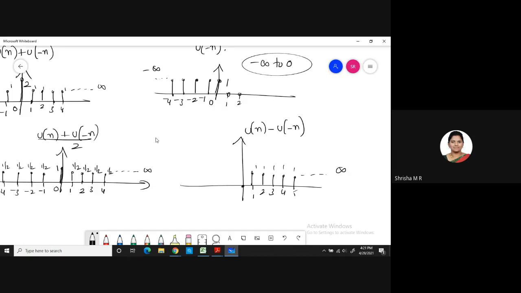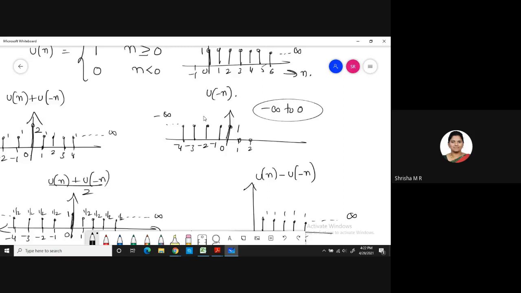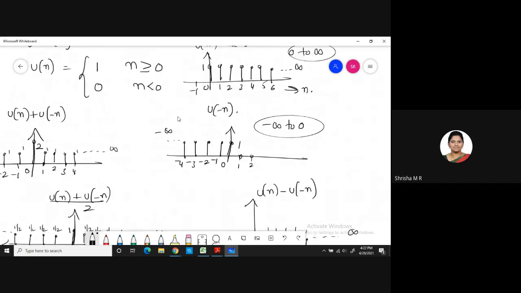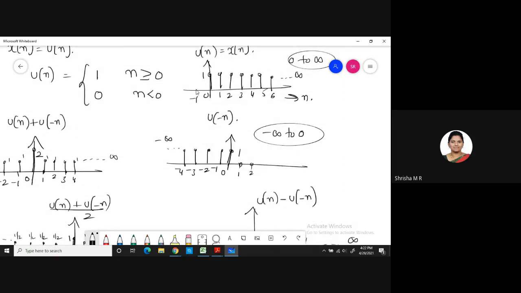What about the negative side? -1. Correct? It will be -1. So in u of n, at -1 you have 0. So 0 minus 1. Here you have 0. At -1 in u of n, the amplitude is 0 here. Correct? Here you have 1. So 0 minus 1 would be -1.